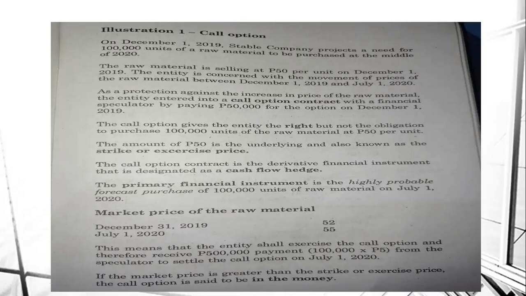Nag-increase siya sang 5 pesos. So, from 50 na siyang 55 sa July 1, 2020. So, 500,000, 100,000 multiply mo sa 5. So, if the market price is greater than the strike or exercise price, the call option is said to be in the money.